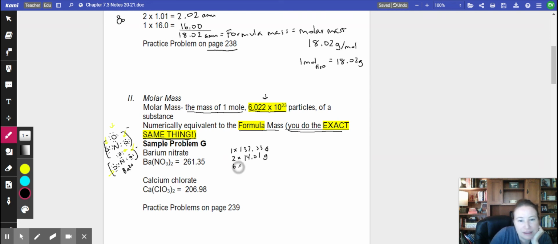So 6 times 16 grams, and then we would have to multiply them out. 137.33 plus 28.02 plus 16 times 6, 96 grams.